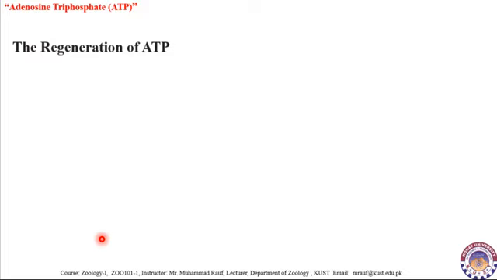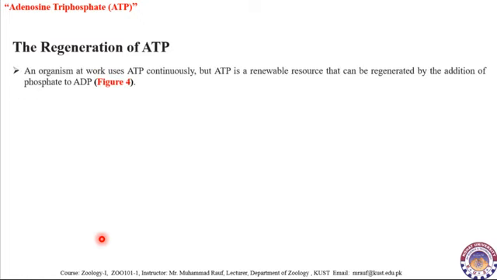As soon as it is formed, it is hydrolyzed again. So this cycle occurs over and over again continuously. ATP is formed, then it loses its phosphate, becomes ADP, then it picks up phosphate, becomes ATP again. So this process occurs continuously in a cycle.